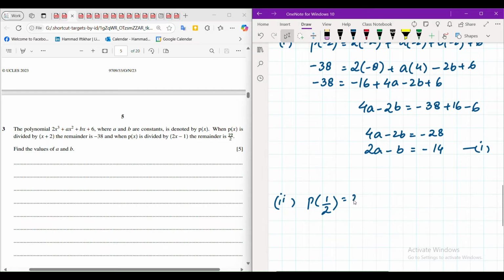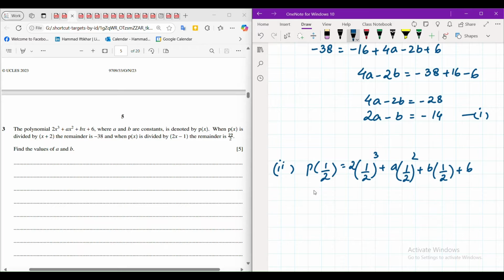So 2 times 1 over 2 cubed, plus a times 1 over 2 squared, plus b times 1 over 2 plus 6, and that is equal to 19 over 2.